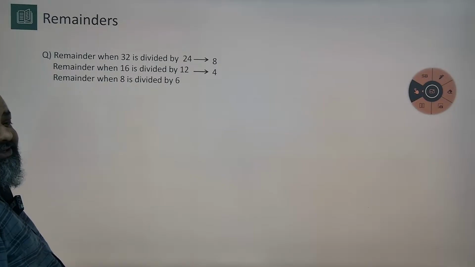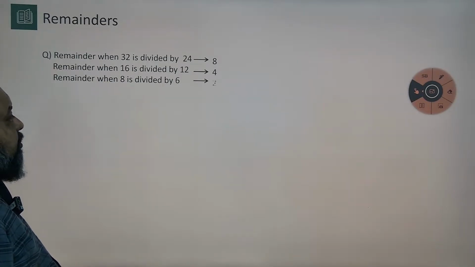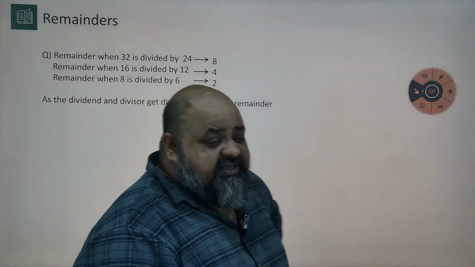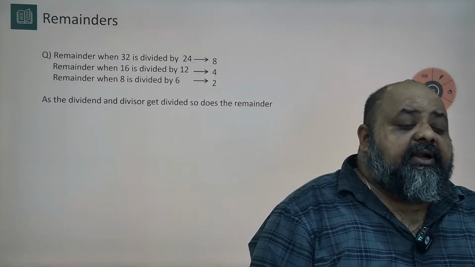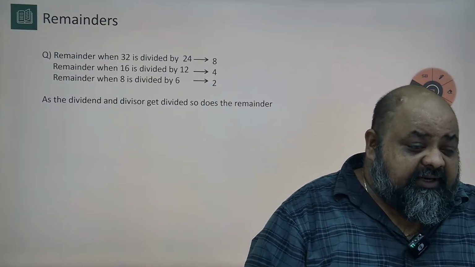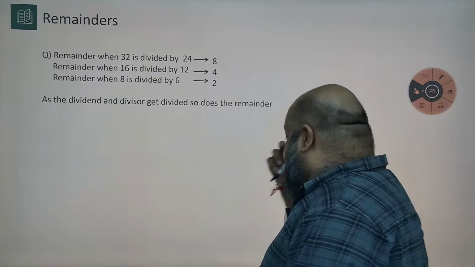Remainder when 8 is divided by 6, तो remainder आया 2. इन दोनों को फिर चाहे तो 2 से डिवाइड कर दो, 4/3 remainder 1. So what happens is, as you divide the dividend and the divisor by a number, the remainder also gets divided by that number. Why this happens?